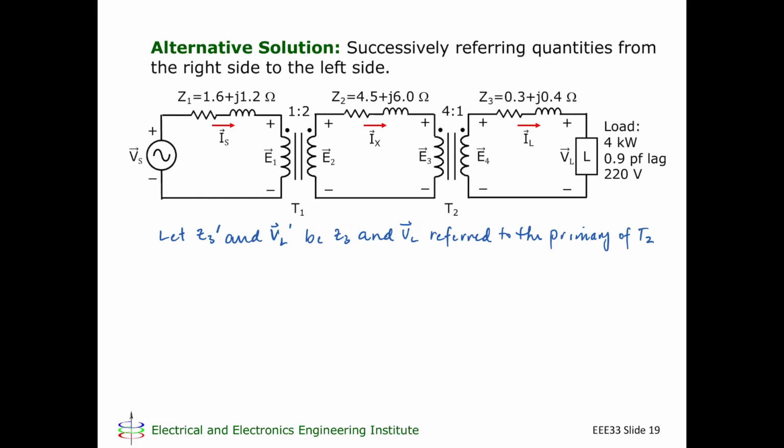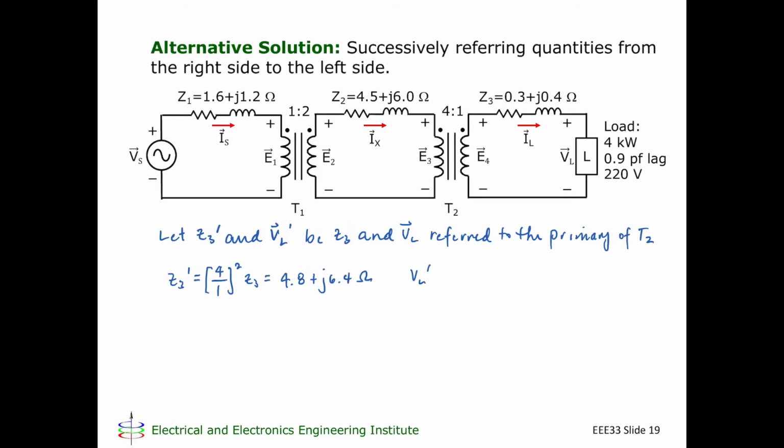Okay, Z3 prime is equal to the turns ratio of T2, 4/1 squared, multiplied by Z3. And I'm going to get 4.8 plus j6.4 ohms. What about VL prime?